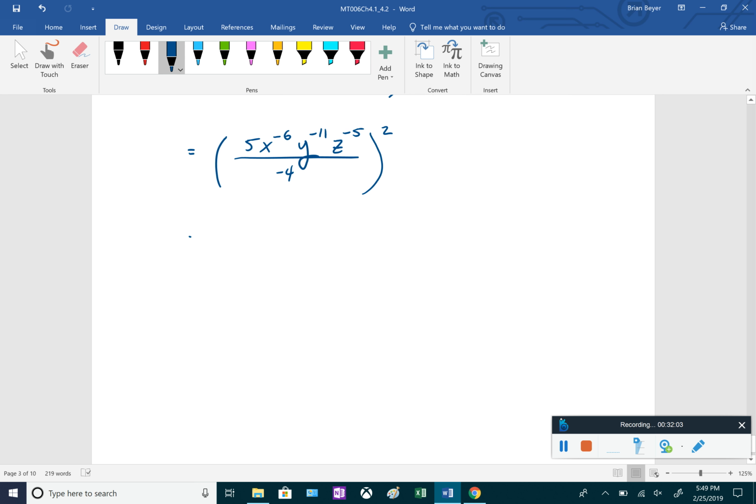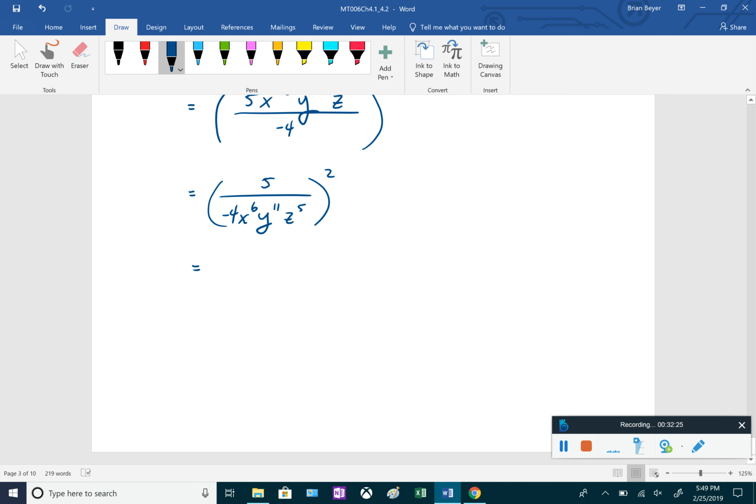So almost done here, like 2 or 3 more steps. Before I give that exponent to everything, I'm going to make those exponents positive by putting them in the denominator. So it's going to be x to the +6, y to the +11, z to the +5. And now I'm going to use that exponent, and I'm going to square the numerator and denominator.